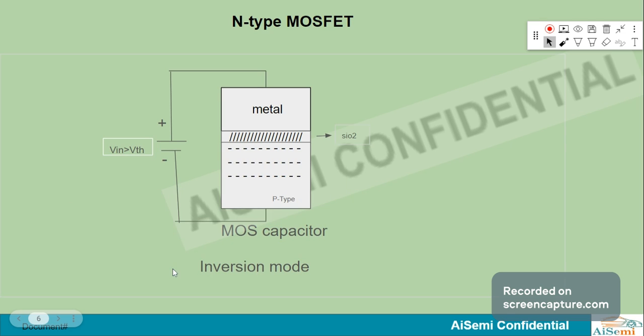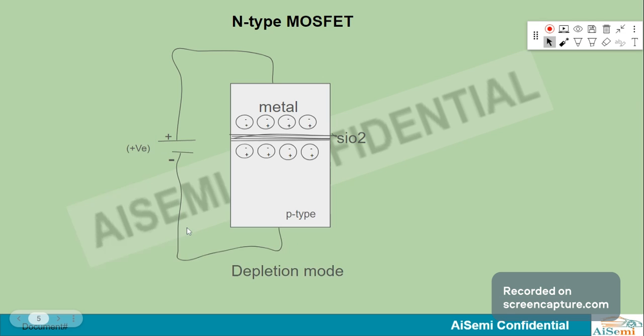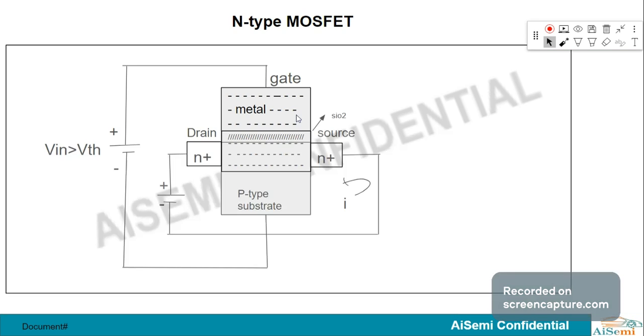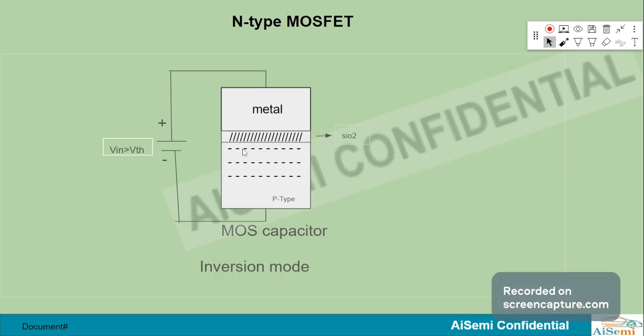This is the inversion mode. Here also I am applying positive voltage, but I am applying greater than threshold voltage. Then it still looks like a parallel plate capacitor. I'm giving positive to the metal, and here electrons are already there.